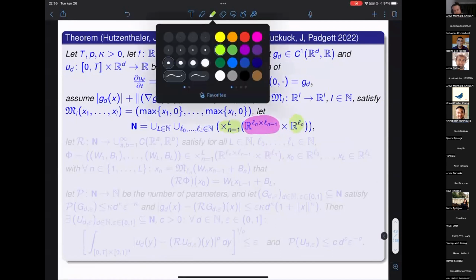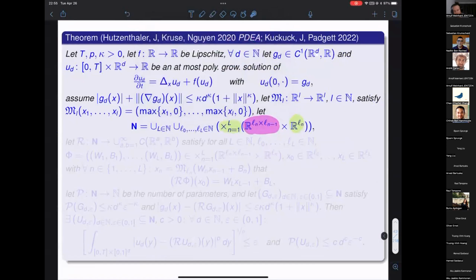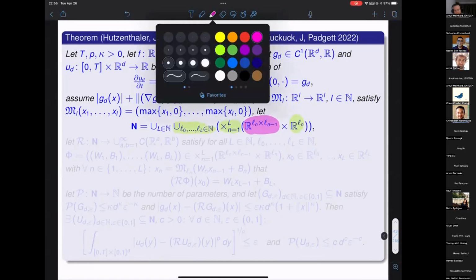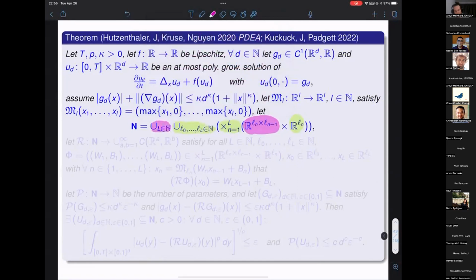And here we now allow, so these L_n correspond to the dimensions. When you think of the figure I had on these hidden layers, between these affine linear transformations, we want to allow any of these dimensions. So we take a union over all L_0, L_1, ..., L_L natural numbers, and for L we also want to allow arbitrary lengths.